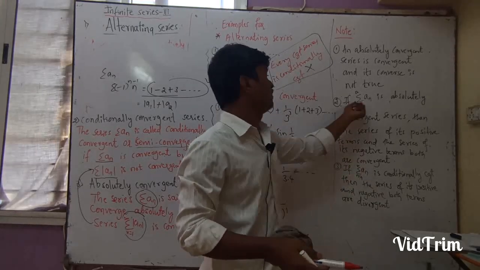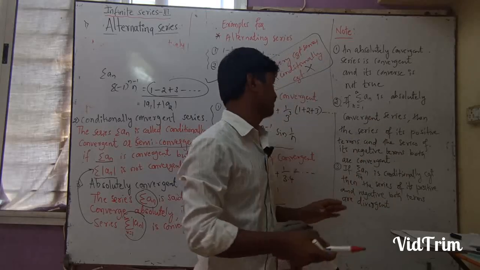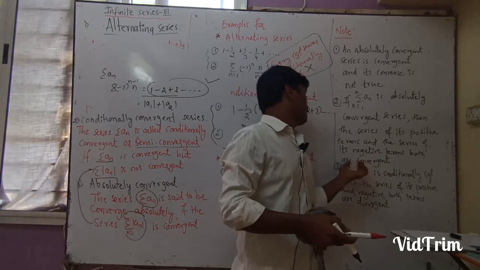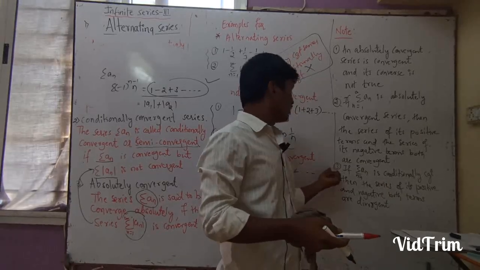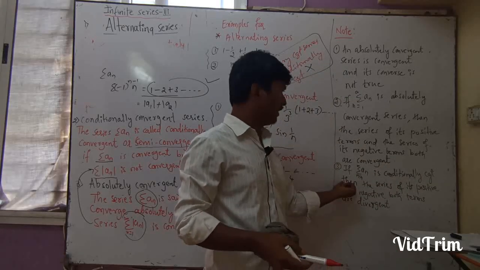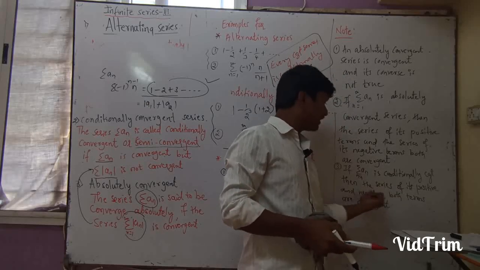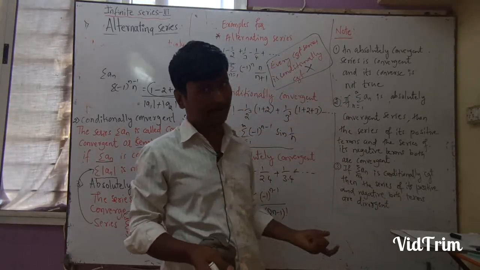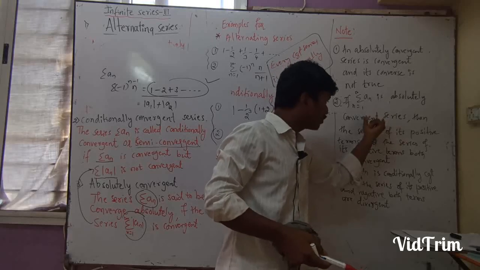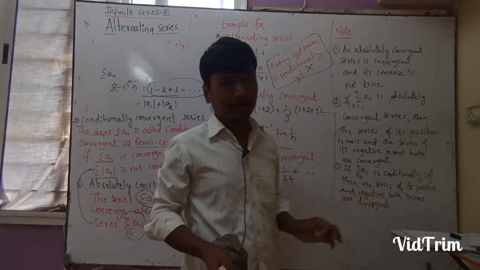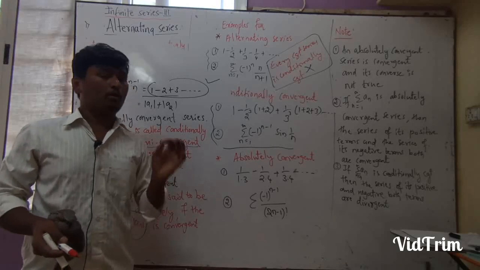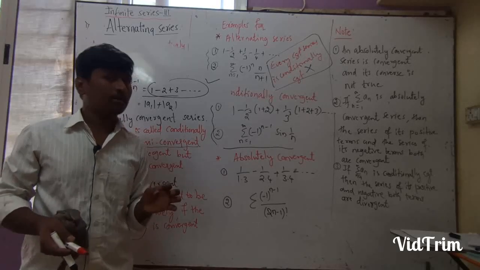Third: if summation an is conditionally convergent, then the series of its positive and negative terms are both divergent. Here is the difference: in an absolutely convergent series, both the positive and negative term series are convergent; in a conditionally convergent series, both are divergent.